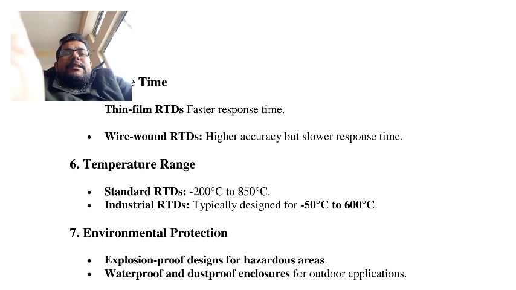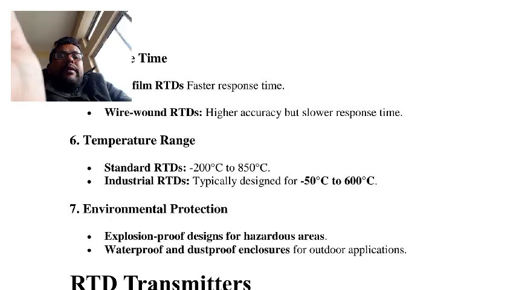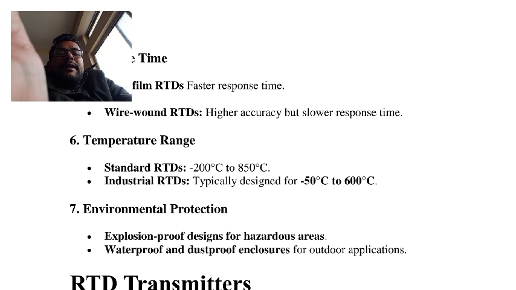Temperature range: generally we say minus 200 to 850 degrees, but in industrial applications we design for minus 50 to 650, or minus 50 to 600. In an interview they will ask you what the RTD temperature range is.